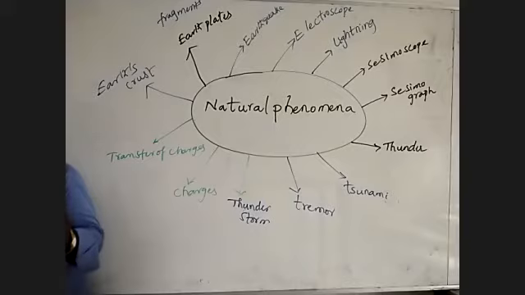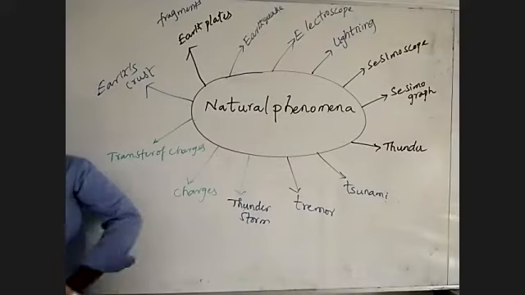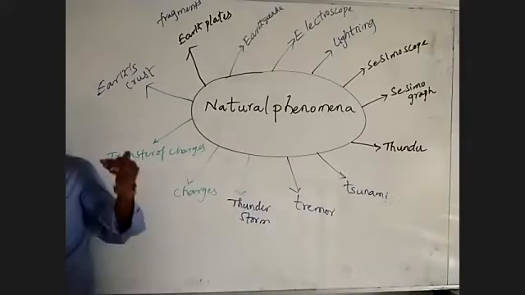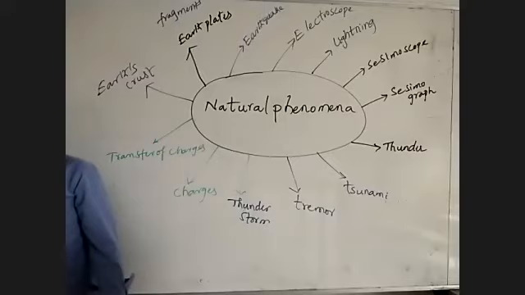The solid state of earth consists of 3 layers. What are those? One is earth crust, earth mantle, and earth core. The outer layer of the earth surface is what we are calling the earth crust.